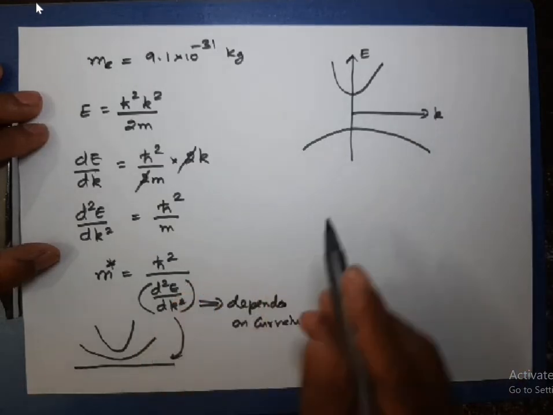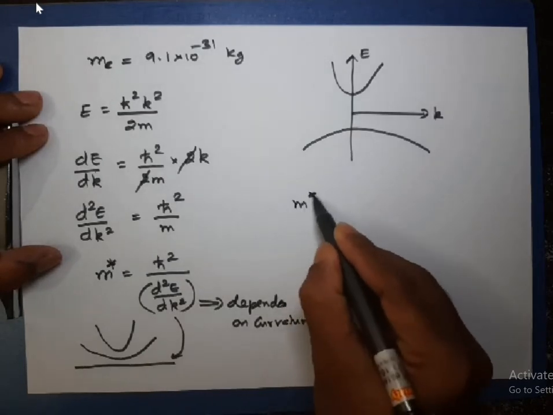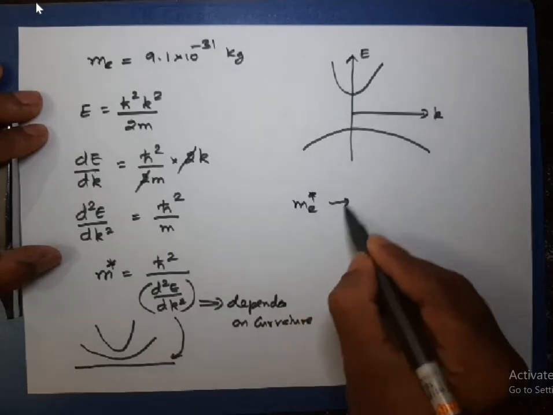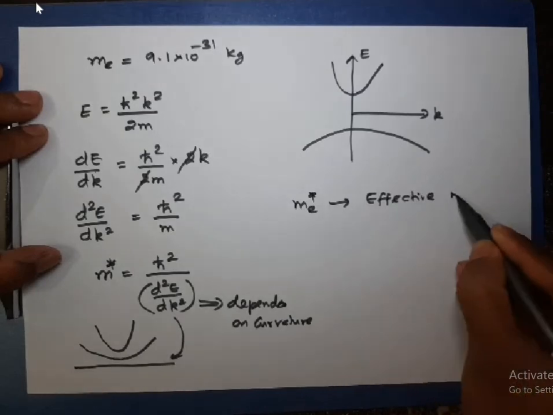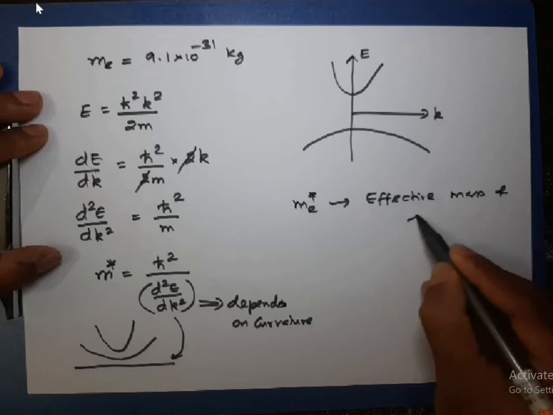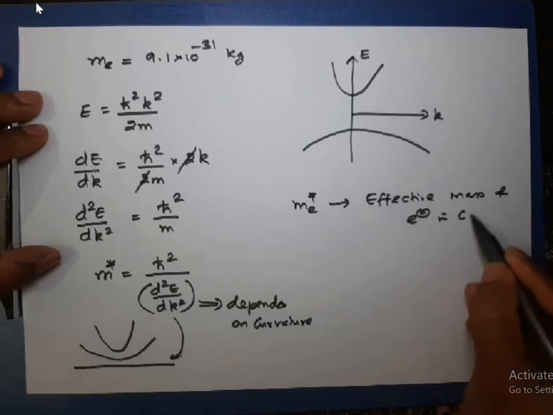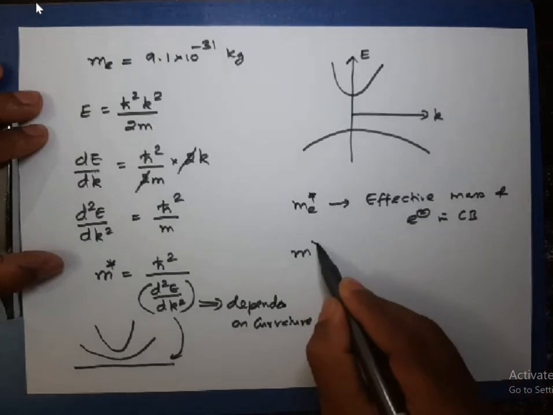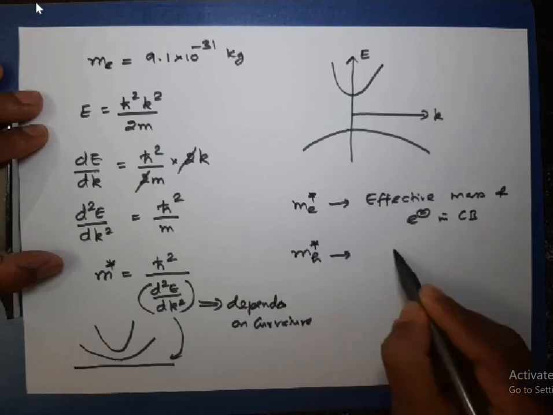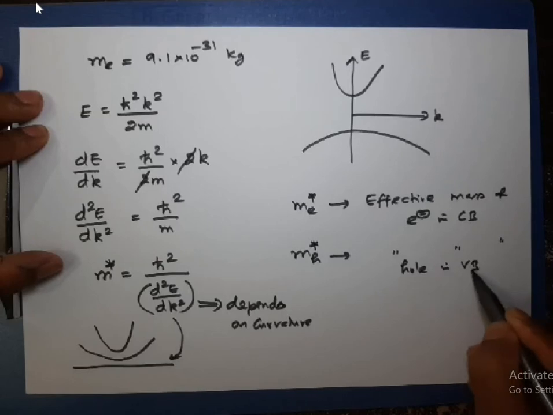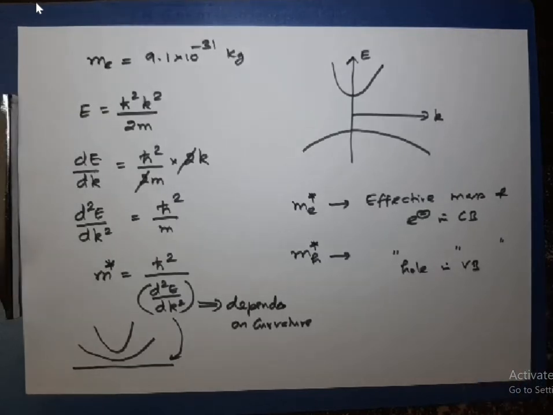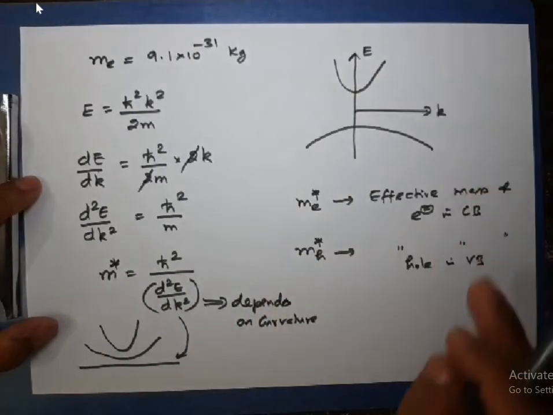Keep this in mind, where m star E represents effective mass of electron in conduction band, and m star H is effective mass of hole in valence band. When you move from one material to another material, the curvature changes.